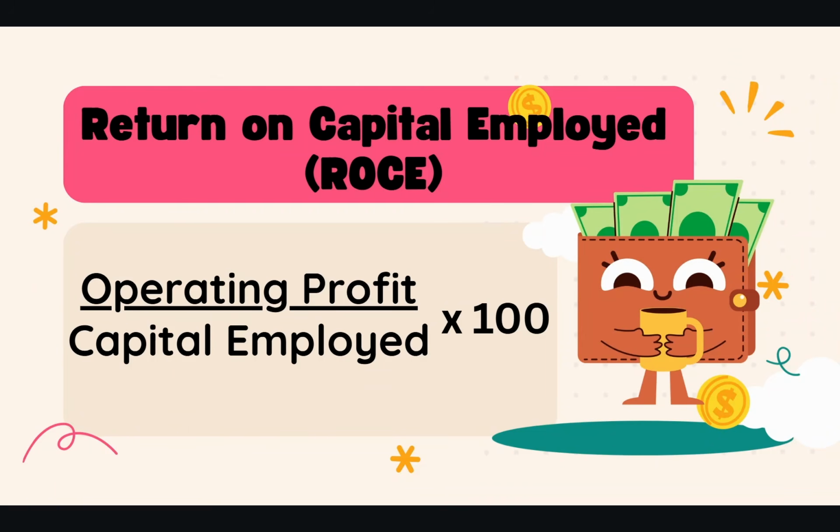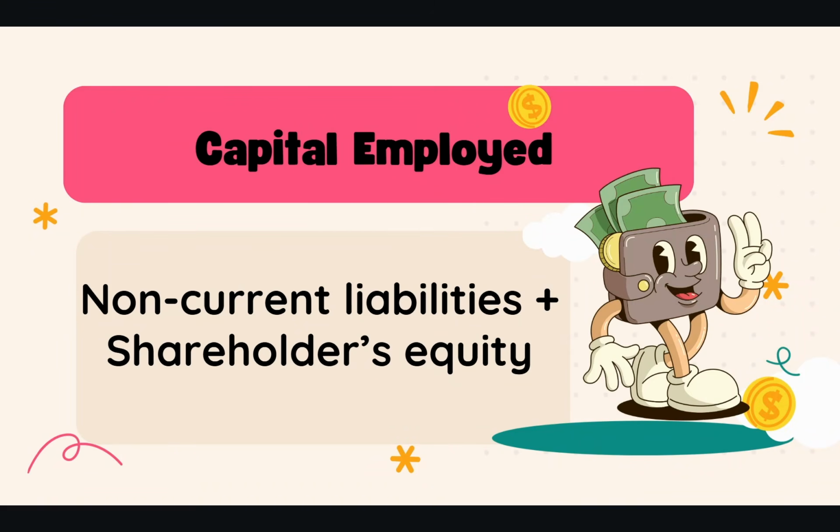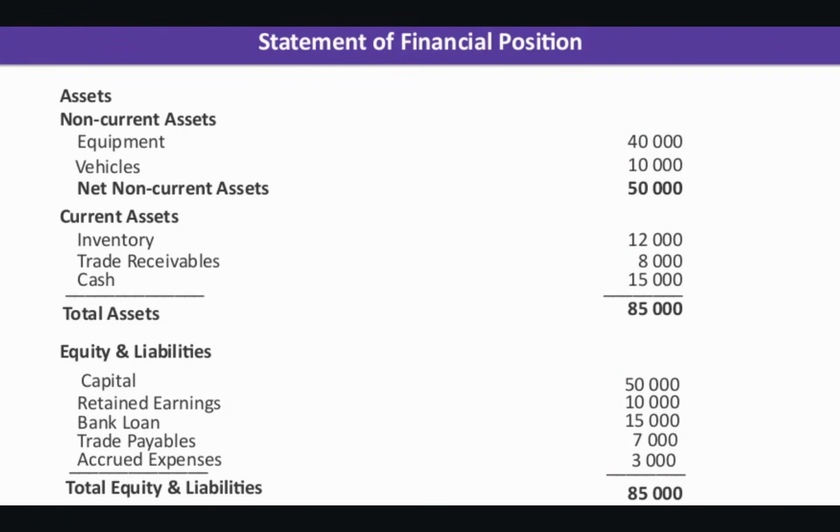Return on capital employed, or ROCE, operating profit divided by capital employed times 100. Now, capital employed has its own formula. It is non-current liabilities plus shareholders' equity. To calculate ROCE, we are going to need information from the statement of financial position, or also known as the balance sheet.